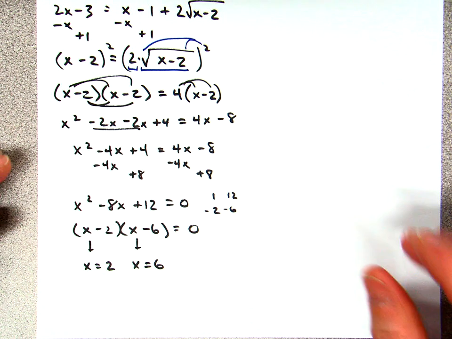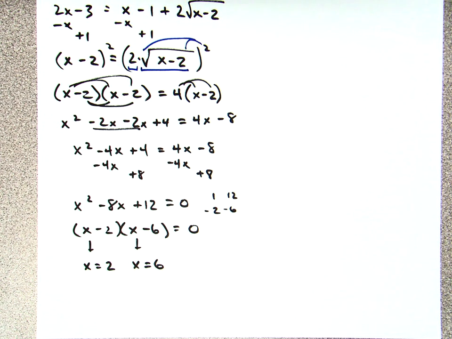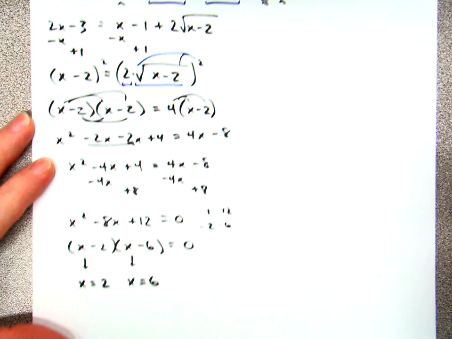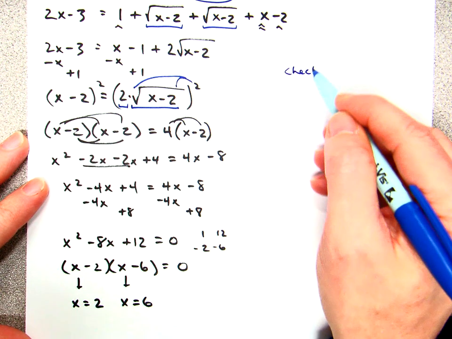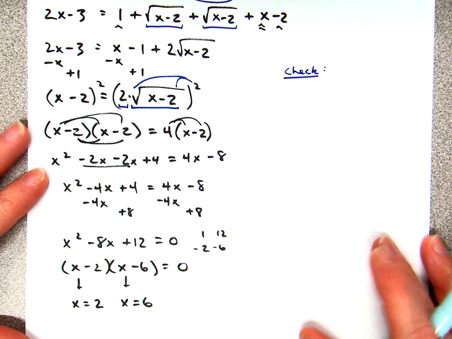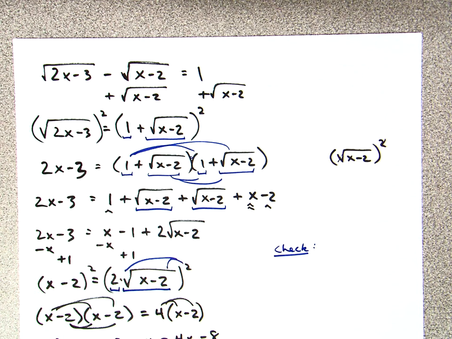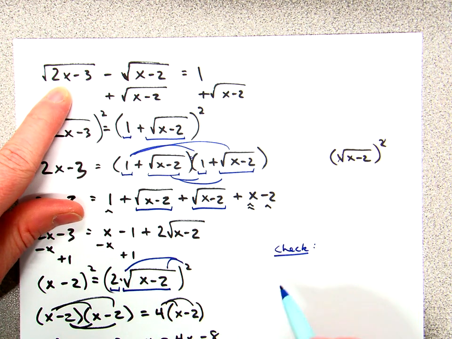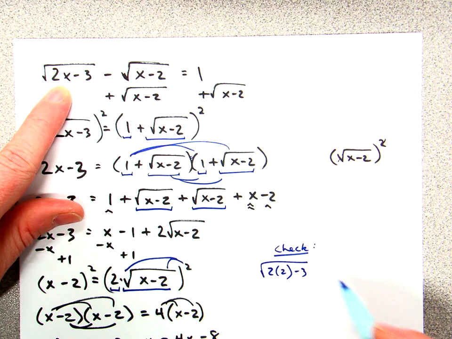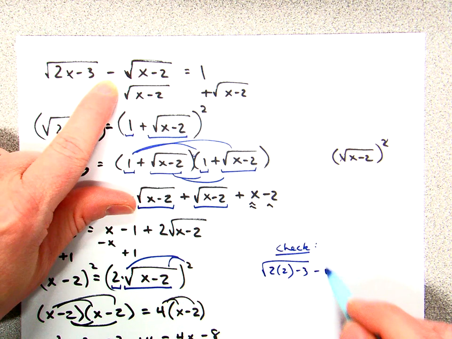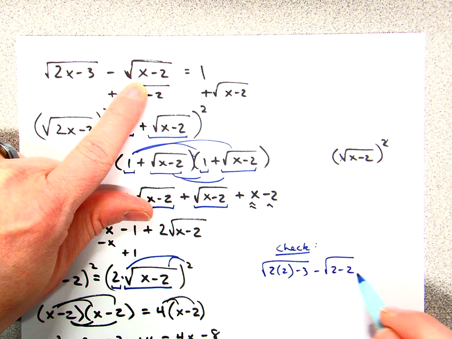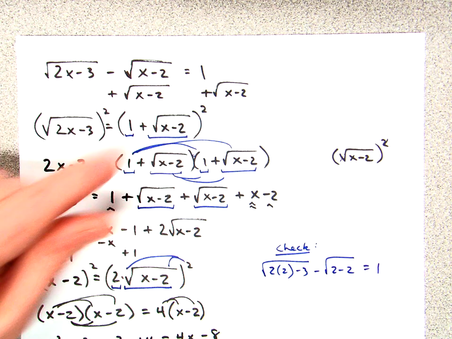But remember, these things started off with a root, so unfortunately, we got to check them. Now, we're checking them way back up at the top, so I'll just jot it down over here. But let's remember what it started off as. Okay, so remember, x is 2. I'm going to plug in 2 first. So 2 times 2 minus 3 minus 2 minus 2 equals 1.